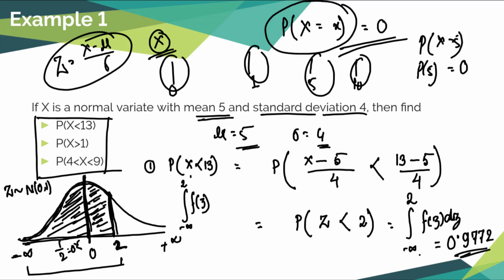I will leave a link to that table in the description. This table gives us the values for standard normal integration, so for integration up to 2, the figure is 0.9772.